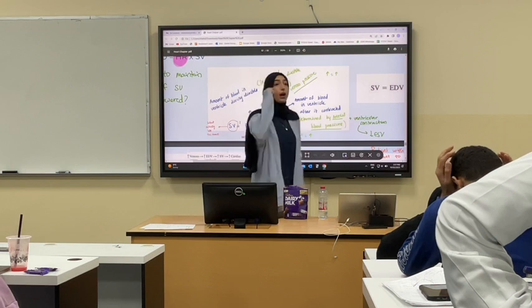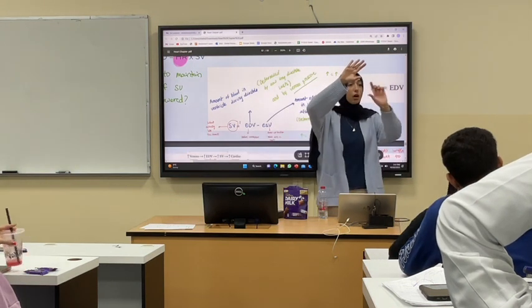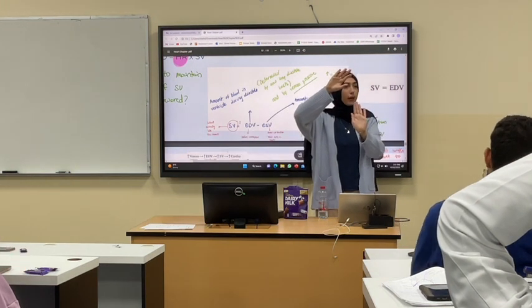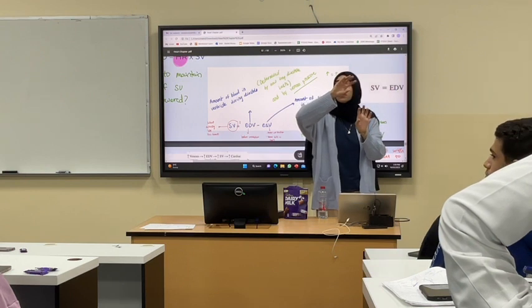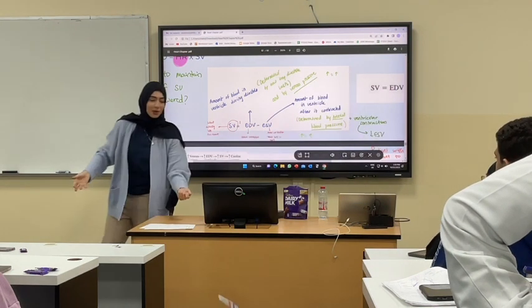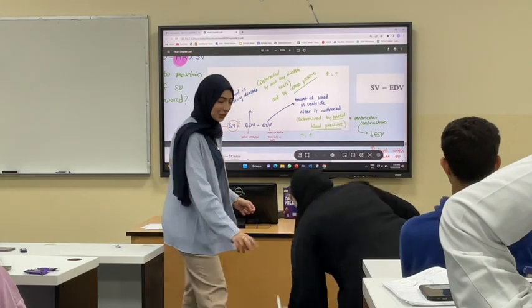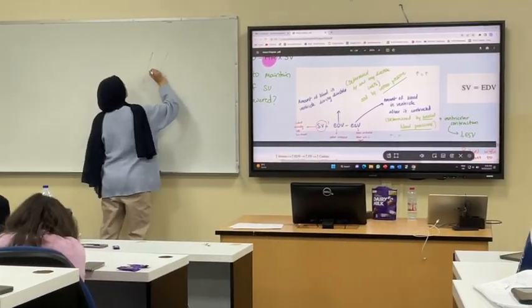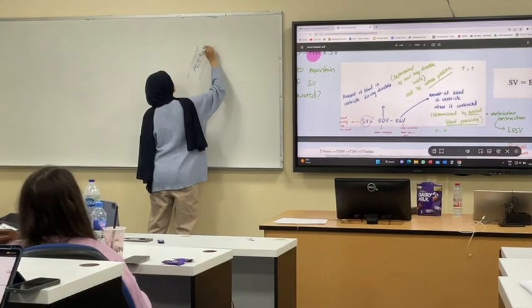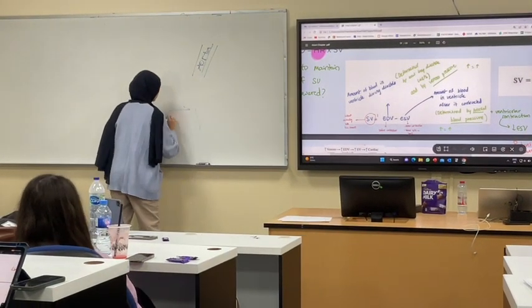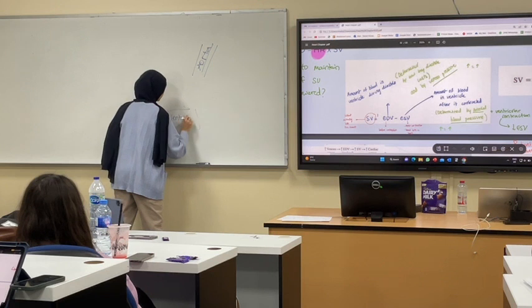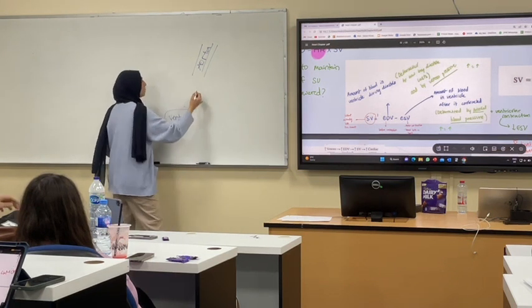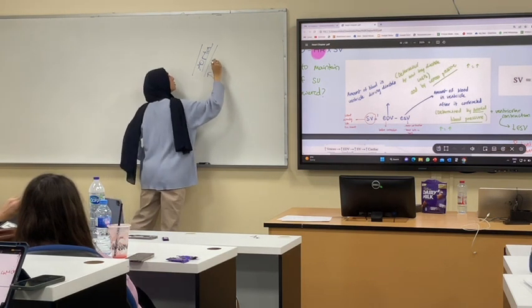If you have high blood pressure in the aorta, and then the ventricles have blood. Here we have the atrium and here we have the ventricle. So here we have very high blood pressure.